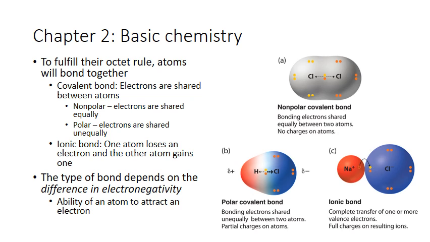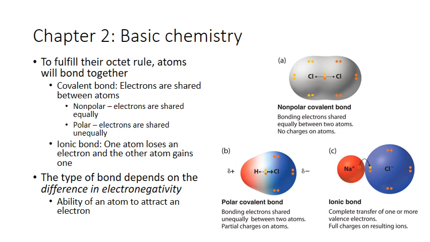Atoms will interact with each other to try to fulfill their octet rules. So if an atom, like this would be carbon, if carbon has 4 valence electrons, it's going to try to interact with other atoms to fulfill its octet and get 8 valence electrons. One way that atoms can interact with each other is through covalent bonds. Covalent bonds are bonds where electrons are shared between 2 atoms.